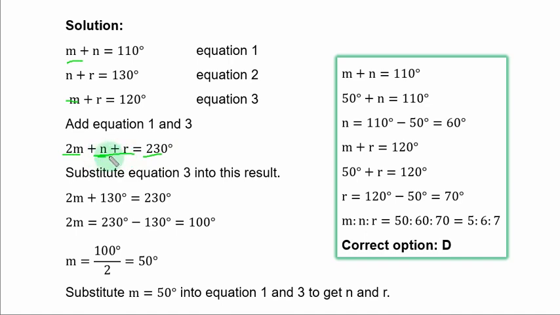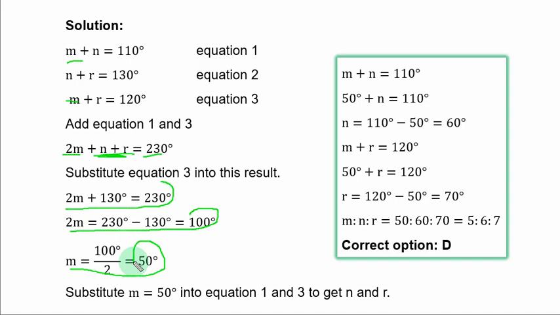You see that what you have here is equation 2, and equation 2 is equal to 130 degrees. So you have 2M plus 130 degrees equal to 230 degrees. Collect like terms, you have 2M equal to this, which simplifies to 100 degrees. To get M, divide both sides by 2, and M is equal to 50.